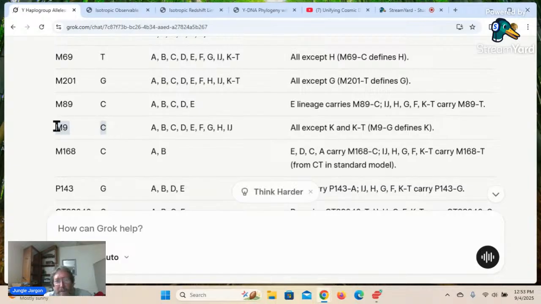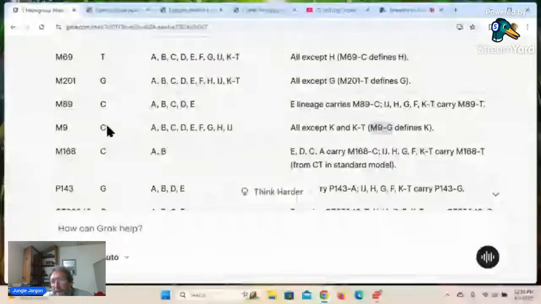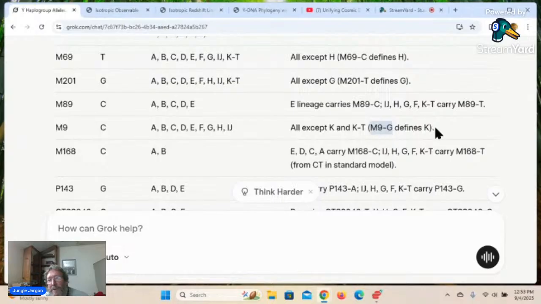If this is M9C, that would make that original, because it's only K that has the M9T or whatever it is. Oh, M9G. So the M9G defines K. Everyone else has the original M9C. So this SNP is unique to K. Everyone else has the M9C.